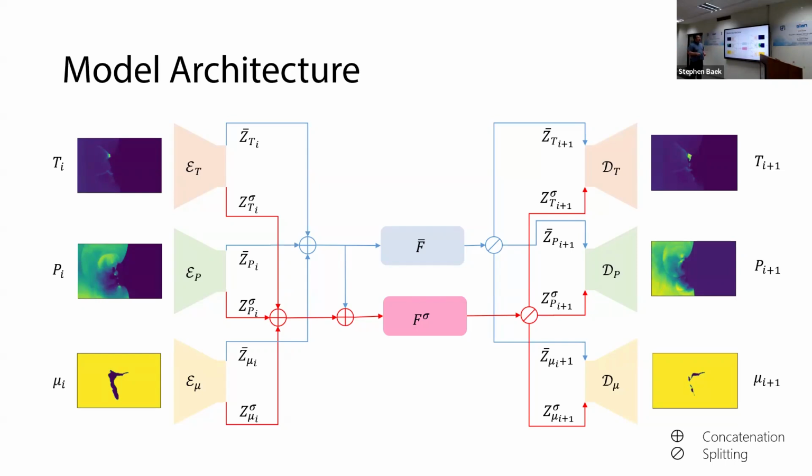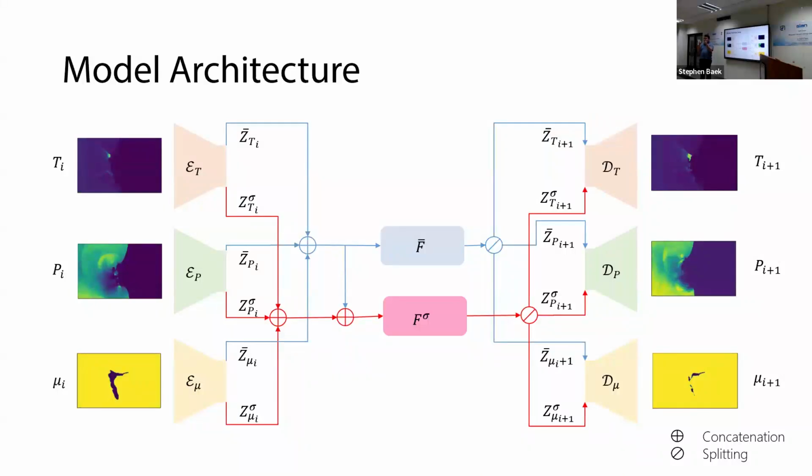But also, if we have the ground truth at time i plus 1, and we encode that ground truth using the autoencoder, then we'll have a Z_T at i plus 1 encoded from the ground truth. But we could also think of a path where we start from a temperature at i, encode it, and then using F bar predict the Z at i plus 1, right?